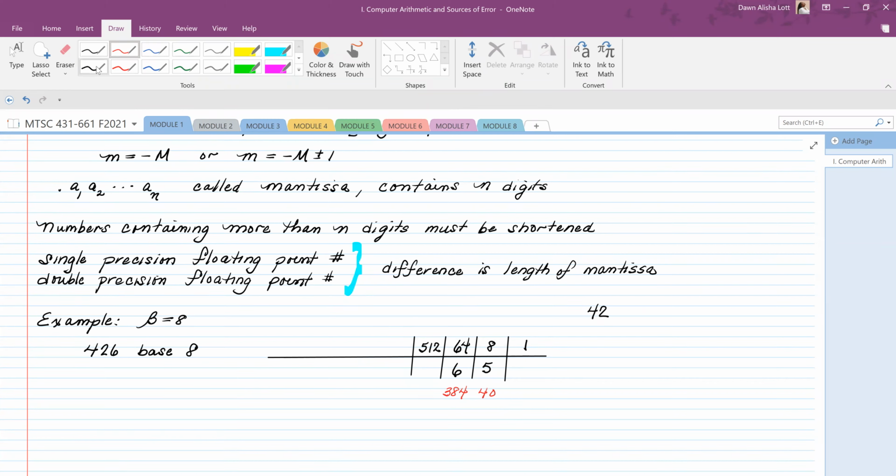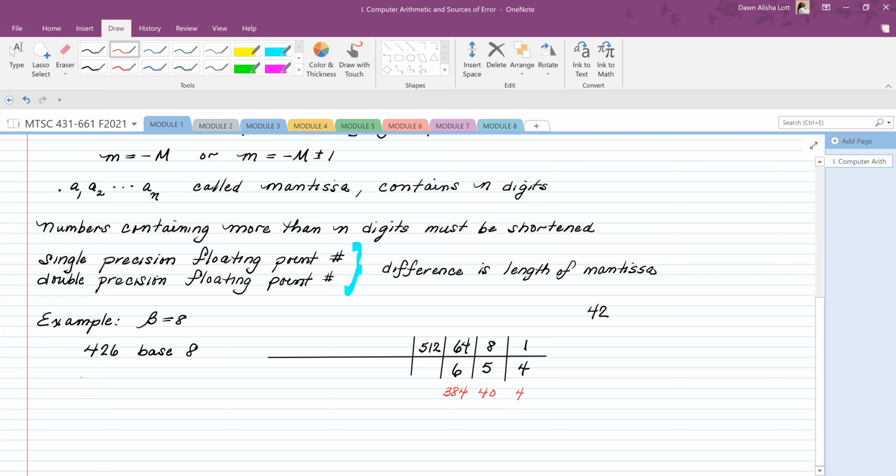And then I'm going to need 4 ones, and that will give me 4. Okay, so in base 8, the number 426 is actually 654 base 8.